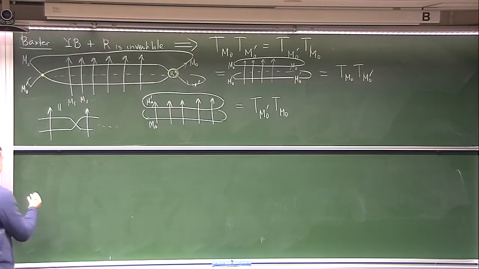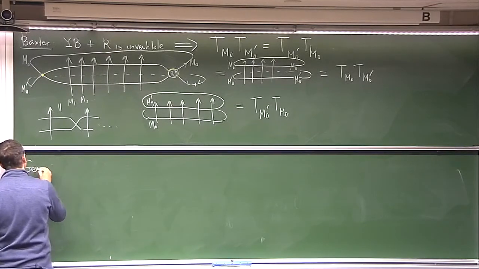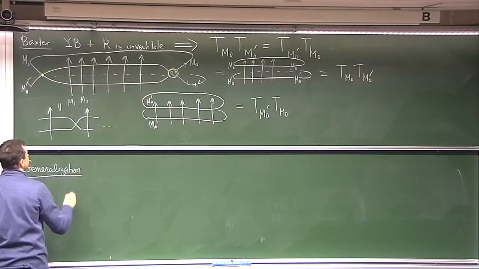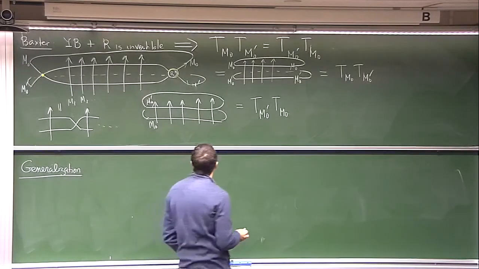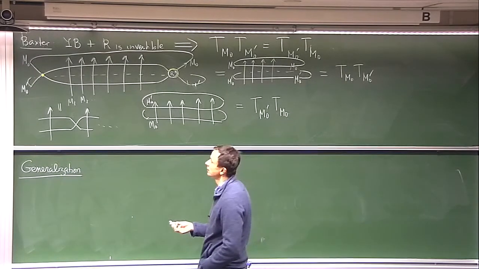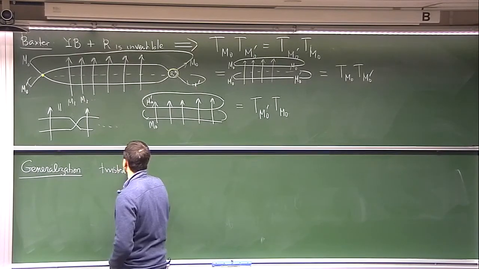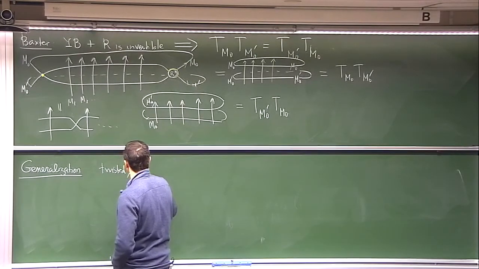And a generalization is the twisted boundary condition, or quasi-periodic boundary condition.